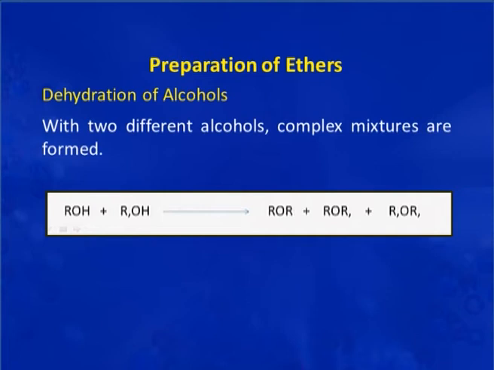We will get a mixture and it will be difficult to separate the mixture of ethers, and that is why this dehydration of alcohol is a good method for the preparation of symmetrical ethers, but not for the preparation of unsymmetrical ethers. We will now discuss the mechanism of dehydration of alcohol.